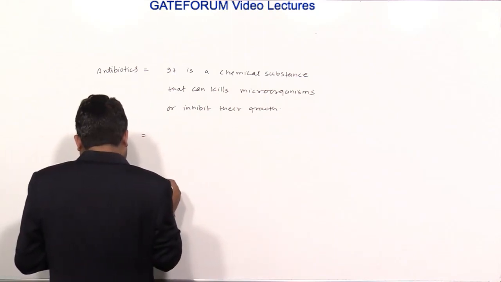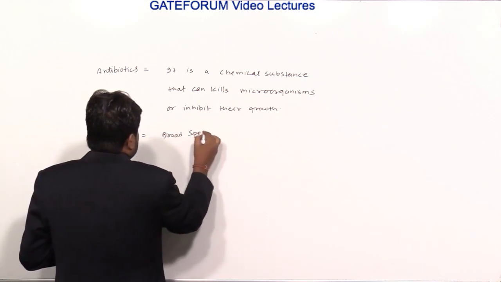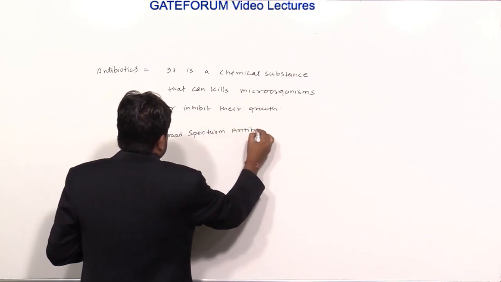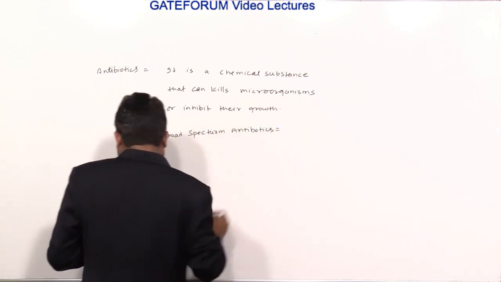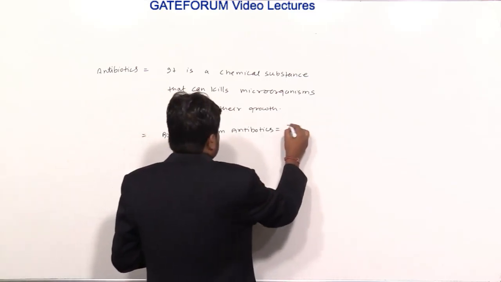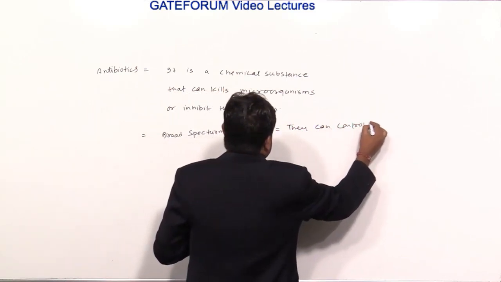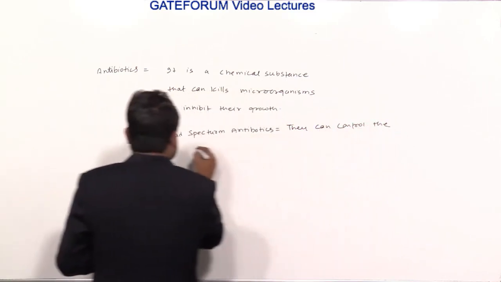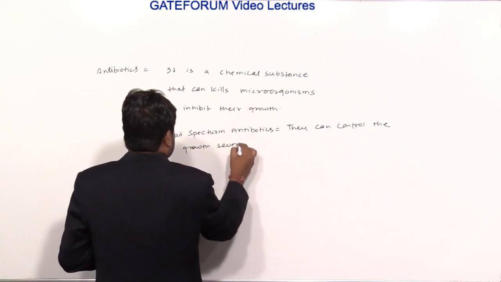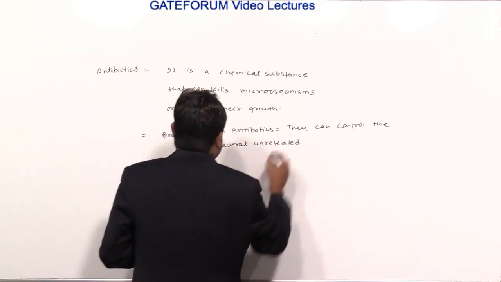The first type is the broad spectrum antibiotics. Broad spectrum antibiotics can control the growth of several unrelated microorganisms.